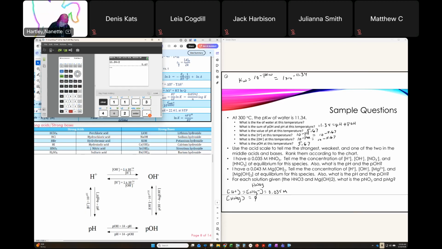If I want to know what the OH minus is, I can do that in two ways. I can either take 1 times 10 to the minus 14th divided by the 0.035 molar, or I can find out what the pH is, which is equal to the negative log of that 0.035.